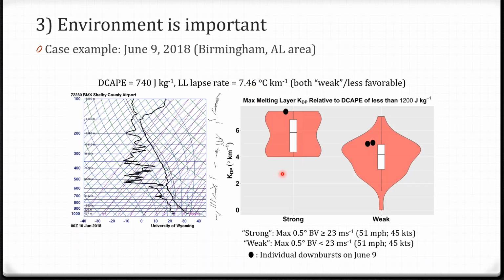There were 3 downbursts, and all 3 of those, indicated by the black lines, had some of the stronger KDP cores that we were looking at. So I think this reinforces the idea that if you have less favorable conditions for a downburst, you'll probably need to see higher values of KDP near the melting layer to get the same magnitude downburst as you would in an environment where conditions are favorable for downbursts.